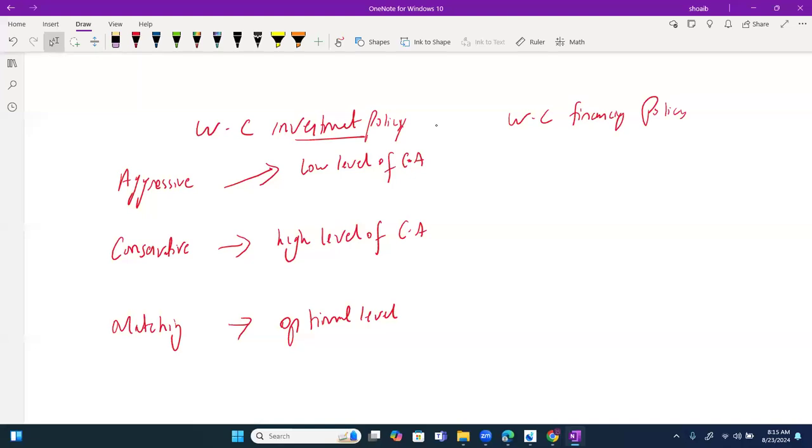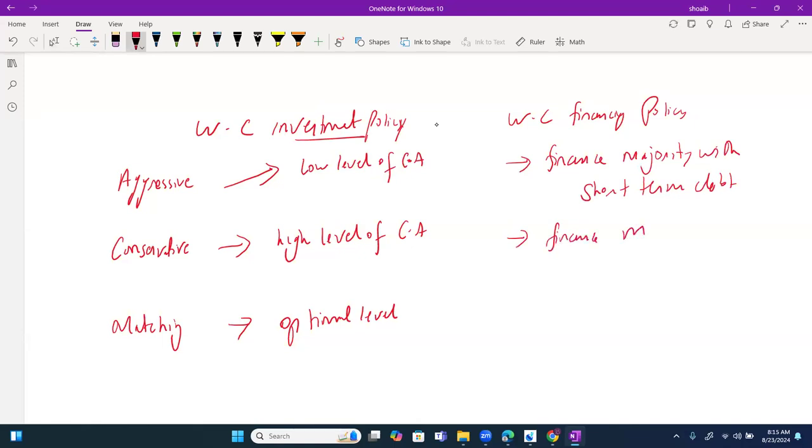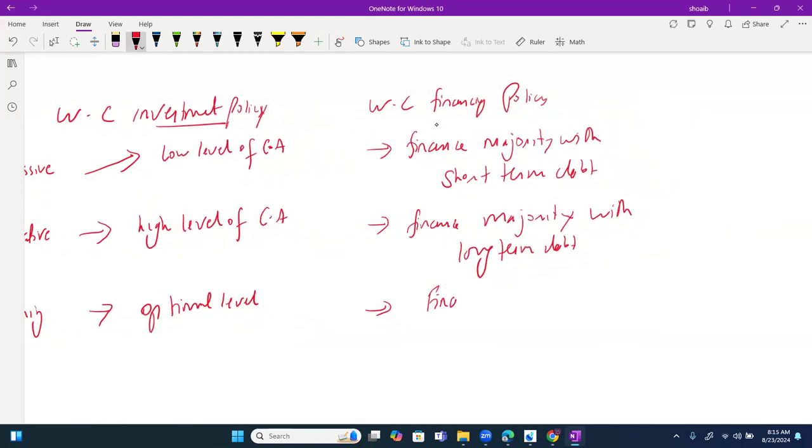What is working capital financing policy and aggressive? Majority with short-term finance, long-term debt. Okay, this is finance permanent current asset with long-term, finance fluctuating with short-term.